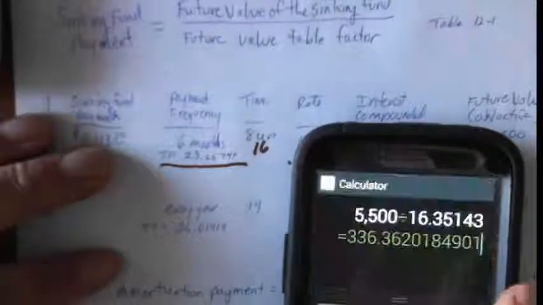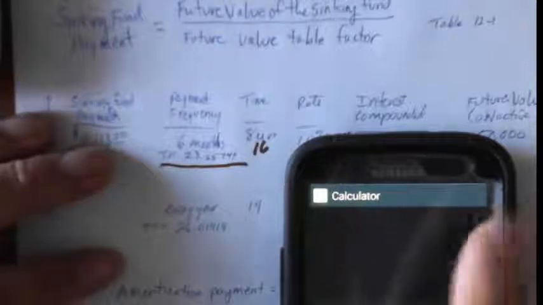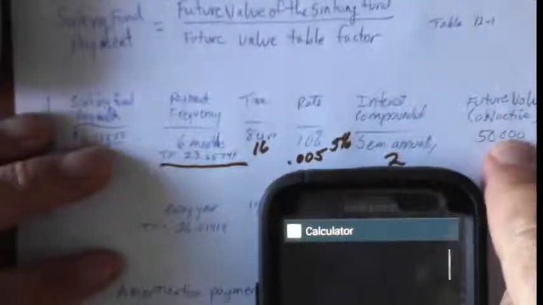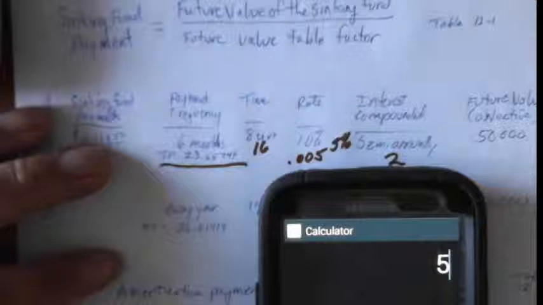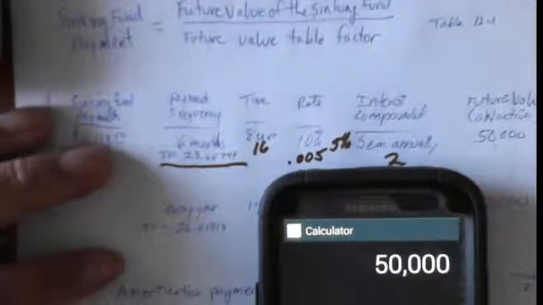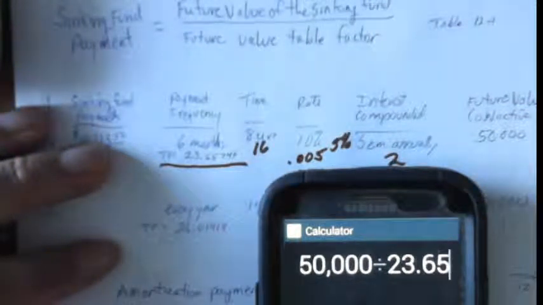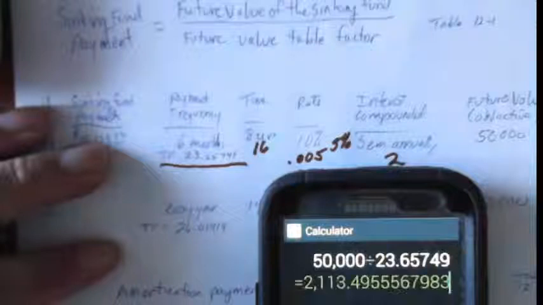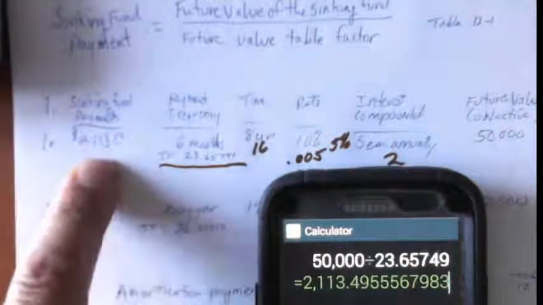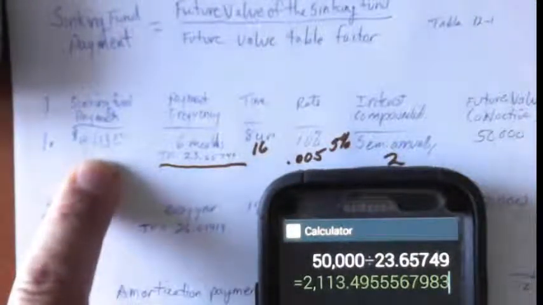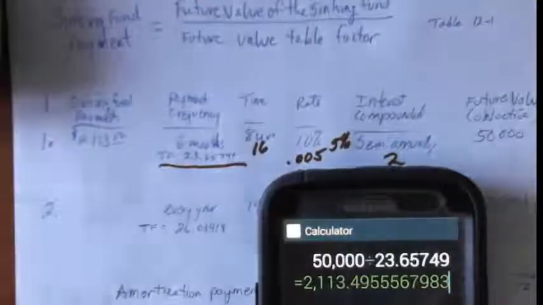So the nice part is we're just putting the future value in and dividing it by the table factor. Pretty straightforward. It's a nice and easy formula.